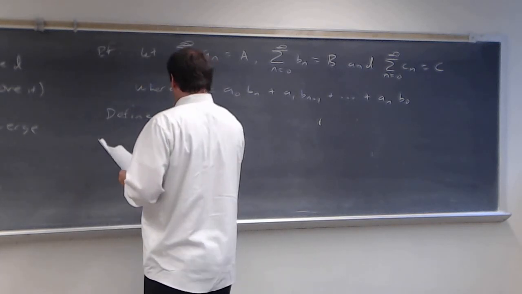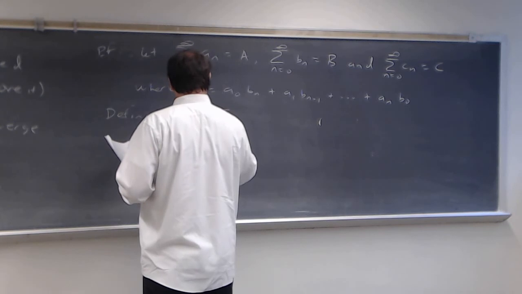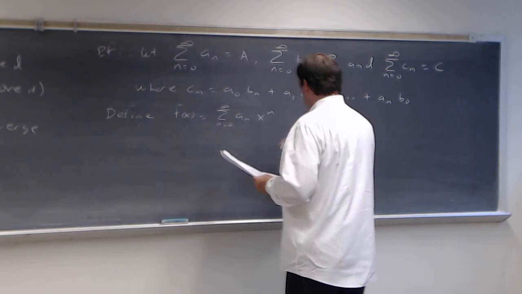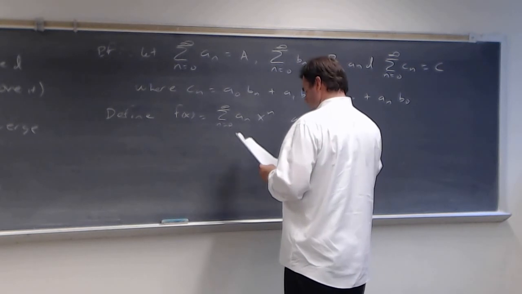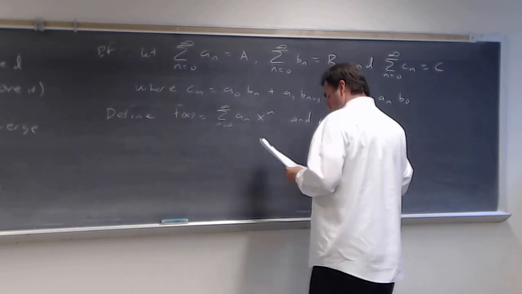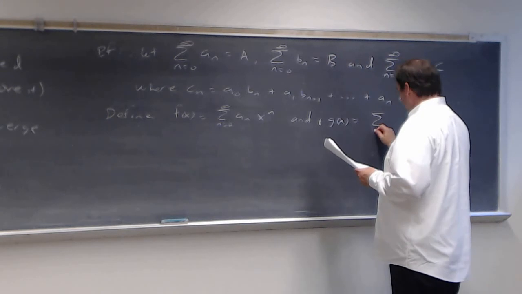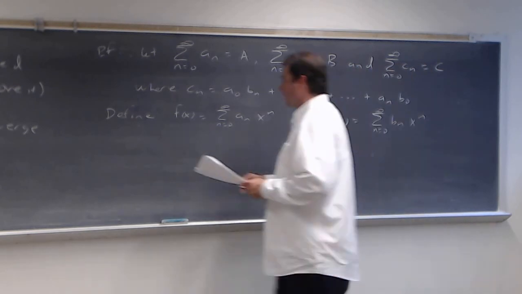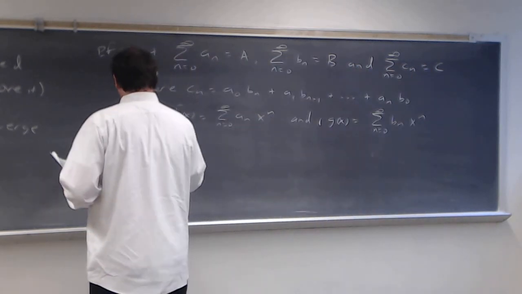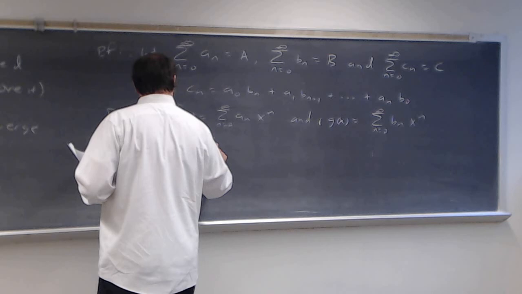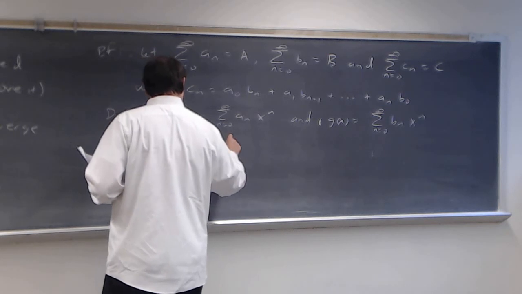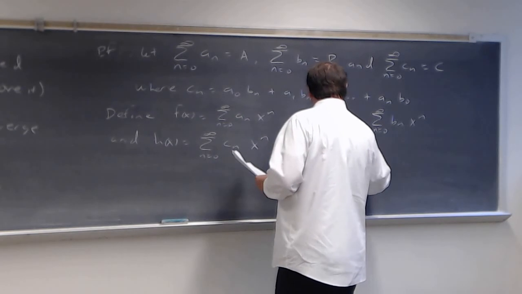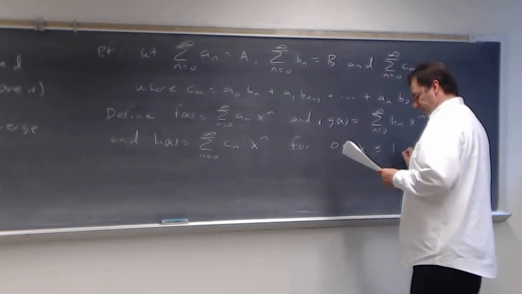We're going to define f of x to be equal to the sum as n runs from 0 to infinity of a sub n x to the n, and g of x to be equal to the sum as n runs from 0 to infinity of b sub n x to the n, and h of x to be equal to the sum as n runs from 0 to infinity of c sub n x to the n, for 0 less than or equal to x less than or equal to 1.